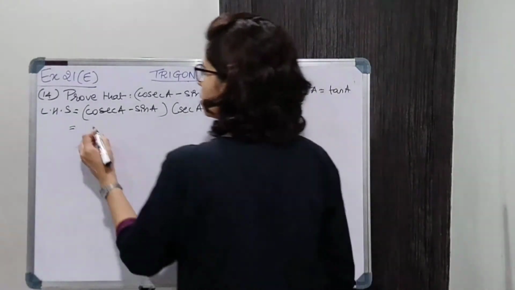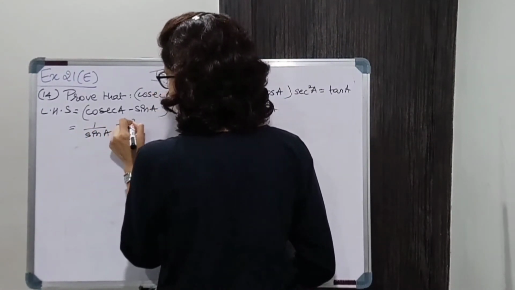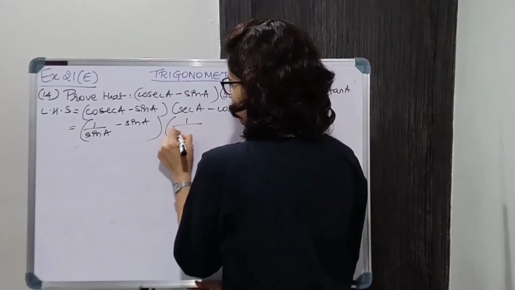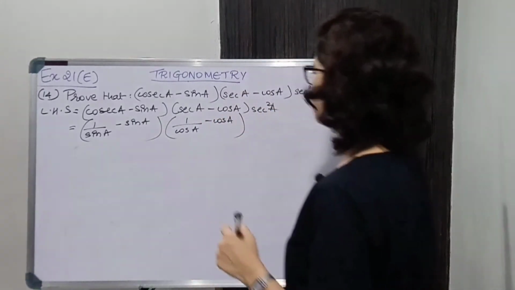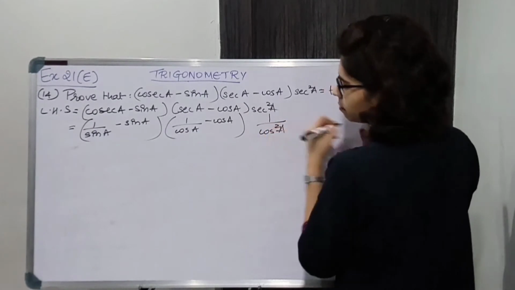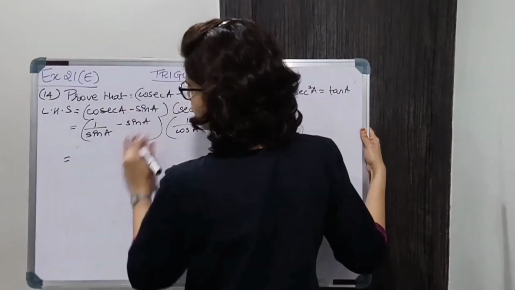Alright, so 1 upon sin A minus sin A, 1 upon cos A minus cos A, sec squared A I can write as 1 upon cos squared A. I'll solve this.